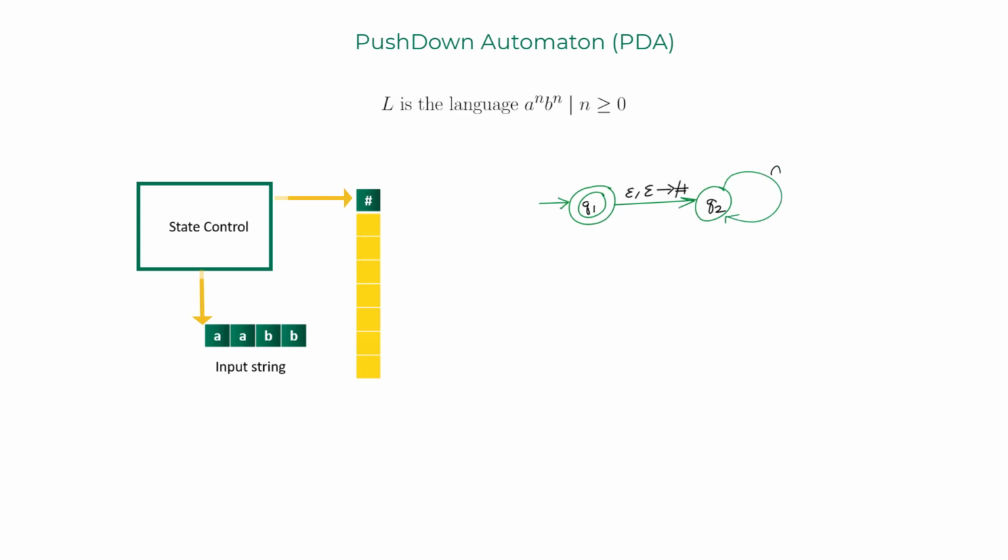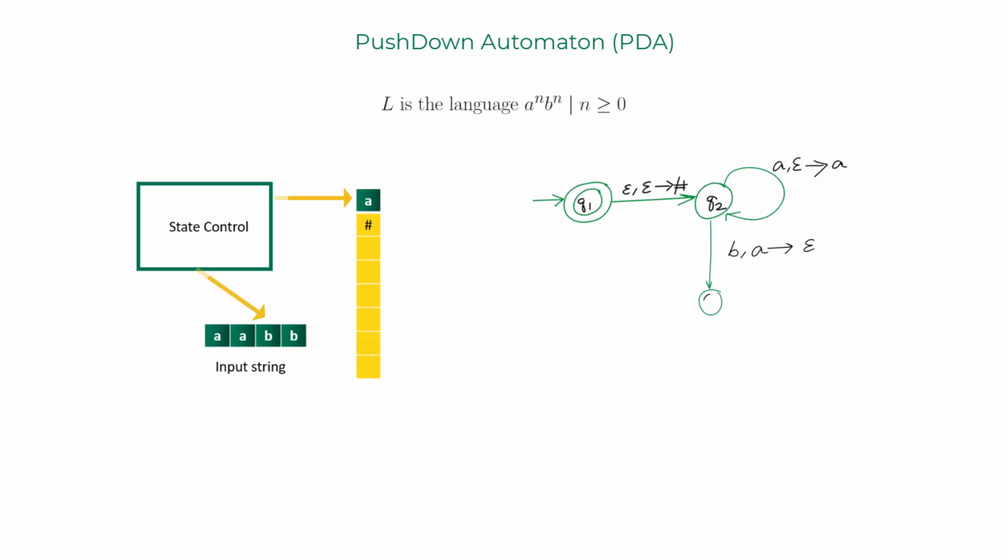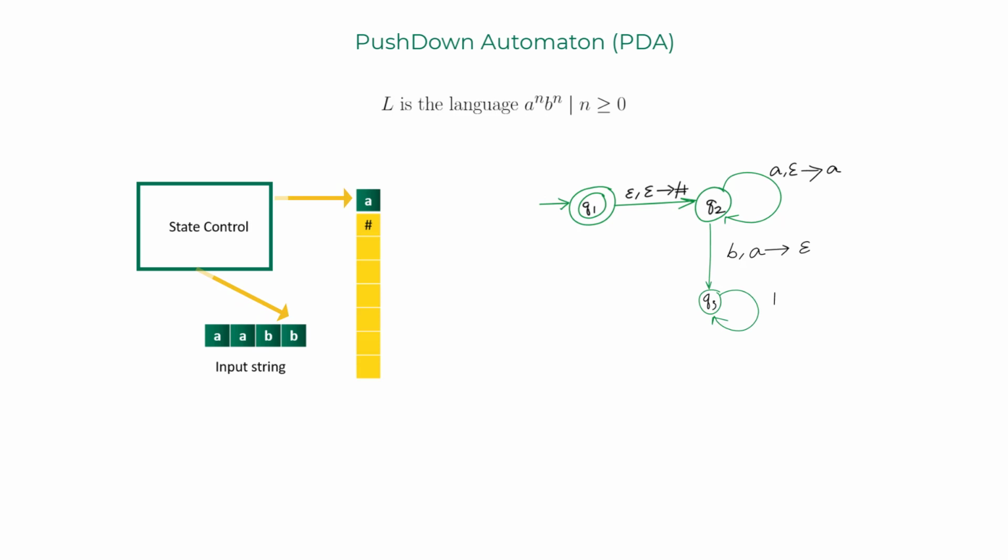Now we want to keep pushing a onto the stack if the input character is a, which I've written that way. When we receive character b, we have to pop out an a from the stack and go to Q3, where we will keep popping out a's whenever we see a b.